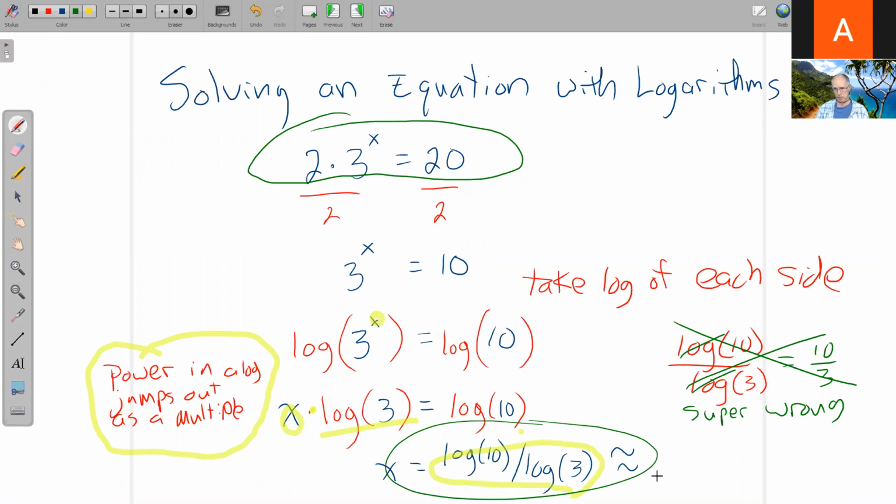Let's say we went for 4 decimal places, 2.0959. So I think this is about 2.0959. The only way to be sure that that's the answer is to plug it back into the original. Otherwise, it's just a wild guess, maybe an educated guess.